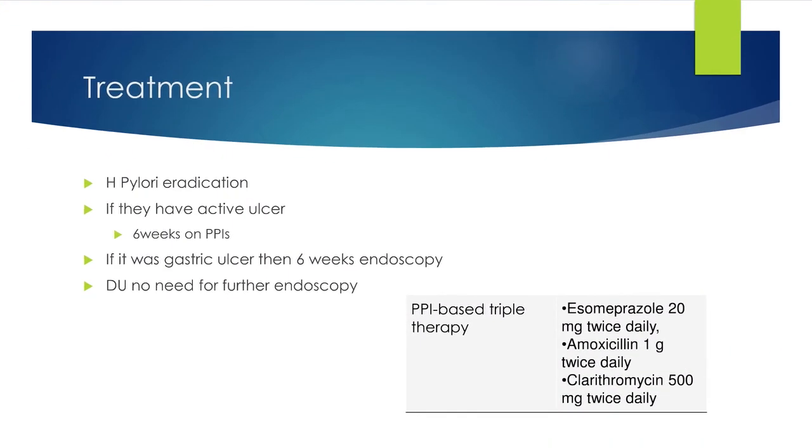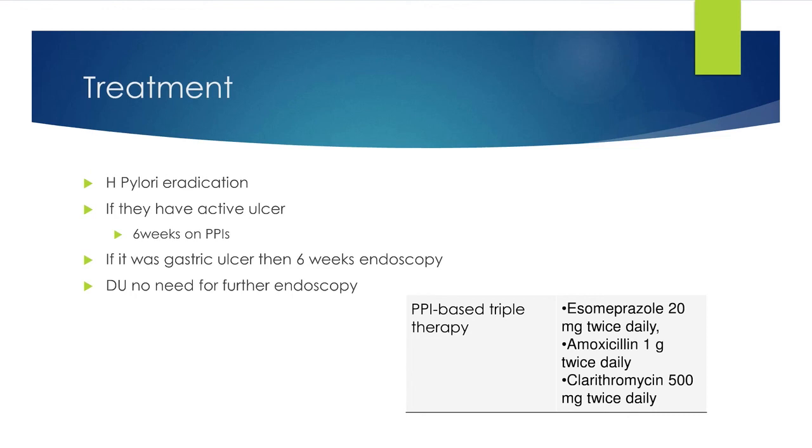We will need to treat them, and that will be more or less the same. So they will get eradication of H. pylori, which is an esomeprazole or any PPI medication like Nexium or pantoprazole, and that's usually in the form of 20 milligram twice daily.